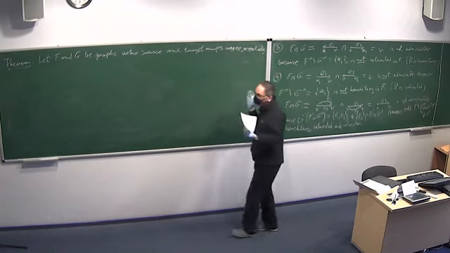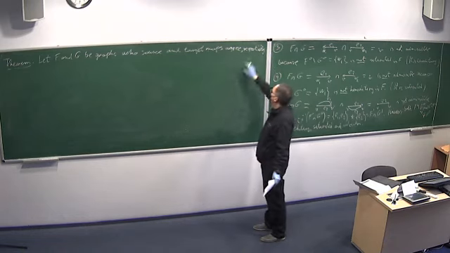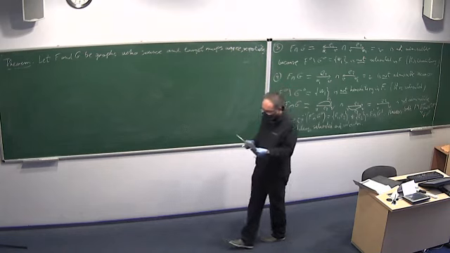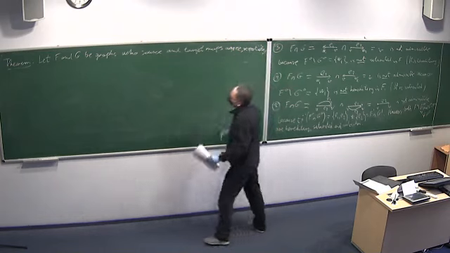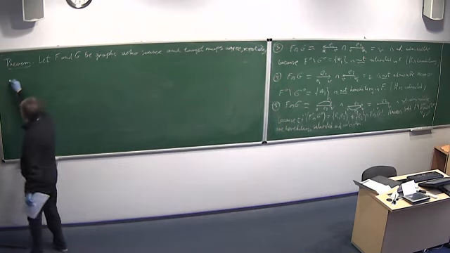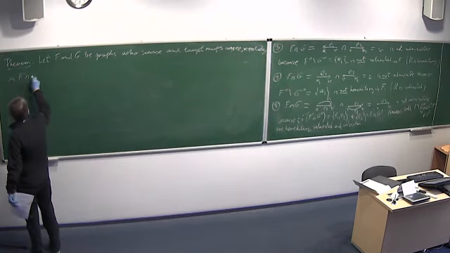I'm writing it to make sure that the intersection exists. This is the condition for the intersection to exist. Okay? Agree respectively, of course, on F1 ∩ G1.